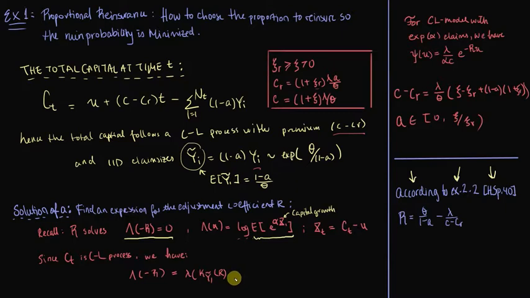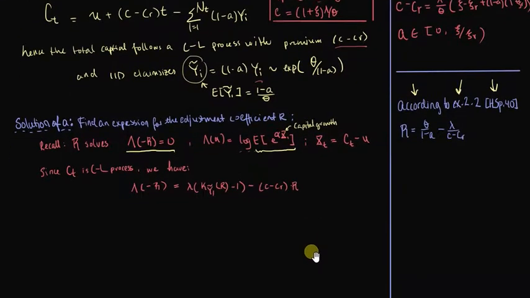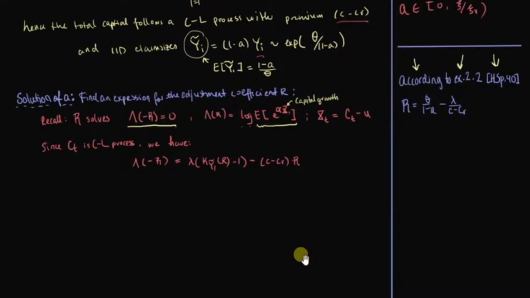And the moment generating function should be evaluated in r minus 1 as such. And then we have to subtract the premium in this Cramér-Lundberg process, which is given as C minus CR, and then multiply by capital R. So this is something we know since the capital growth follows a Cramér-Lundberg process. So we just need to solve an equation where we put this thing equal to 0.